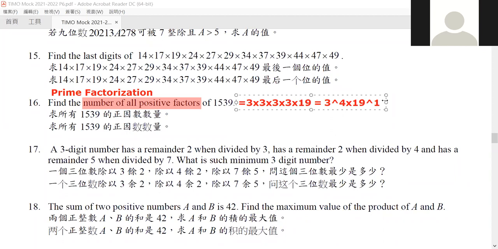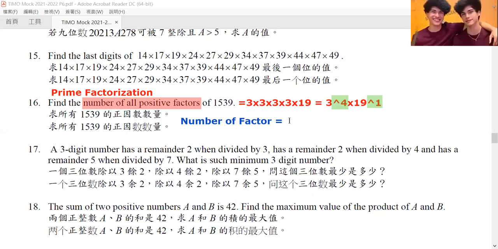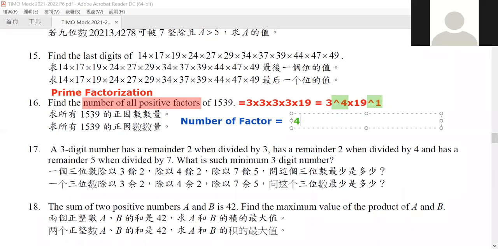Now, once you write it in this form, the number of factors can be given using this formula. You take all the indices of the primes, add 1 to each, and then multiply them together.